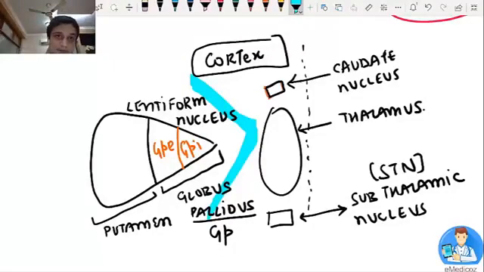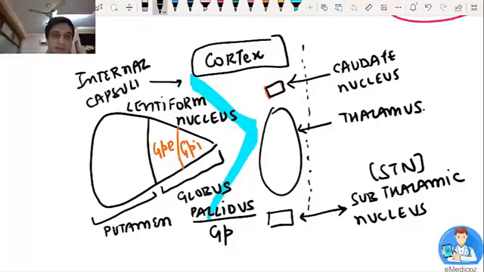Yes, some people know it. That structure is nothing but your internal capsule. Good. So that's the internal capsule that we find sandwiched between the lentiform nucleus and the thalamus.